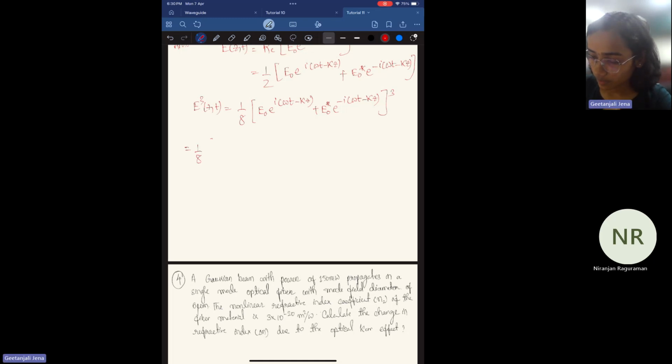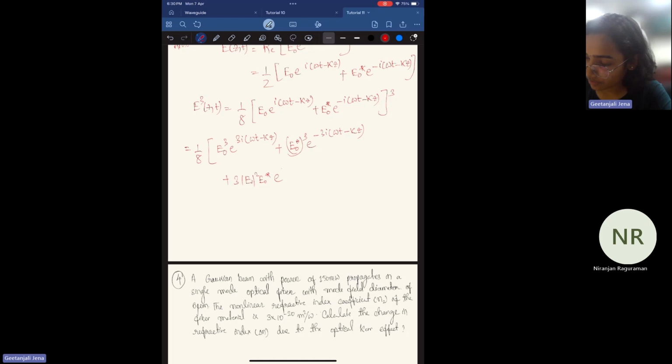So this will give a cubed e to the power 3i(omega t minus kz) plus b cubed e to the power minus 3i(omega t minus kz), plus 3a squared b.